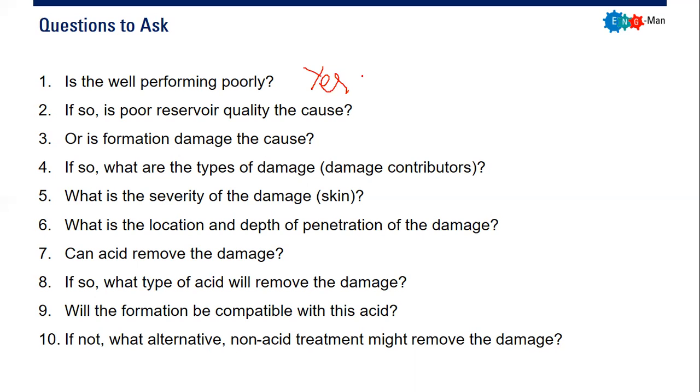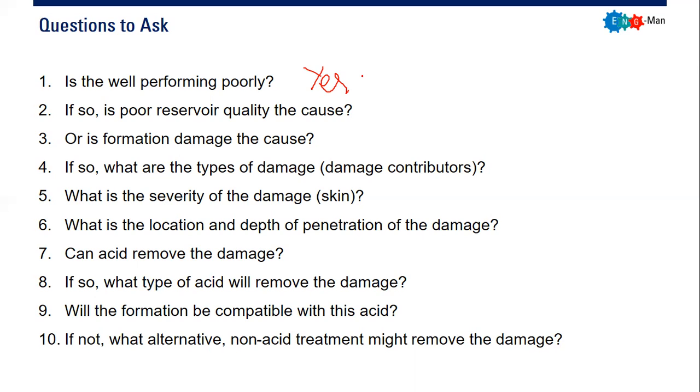And then number two, if yes, the well is performing poorly, is poor reservoir quality the cause? You better be careful here. If you have poor reservoir quality, which causes the well to perform poorly, then unfortunately, acid cannot solve your problem because the main cause of the poor performance is reservoir quality.